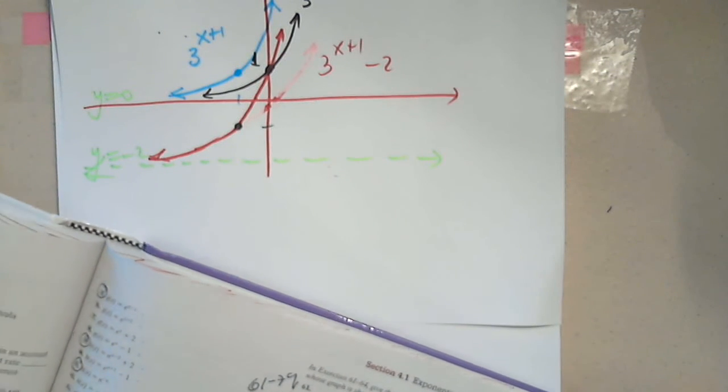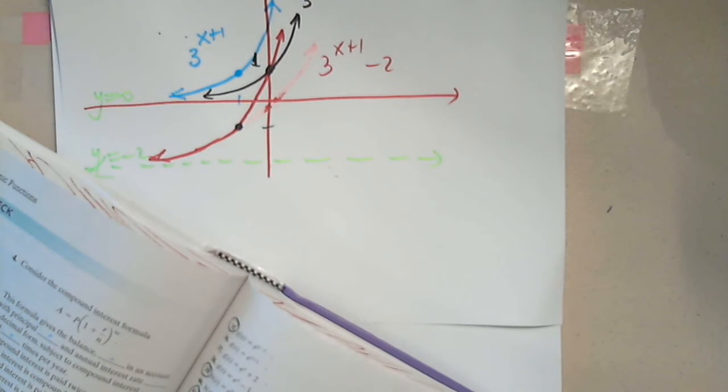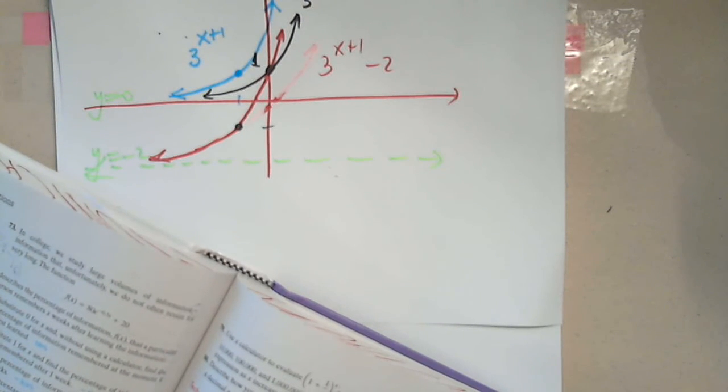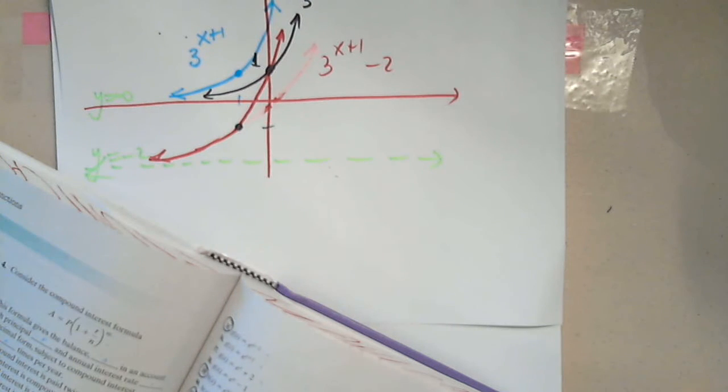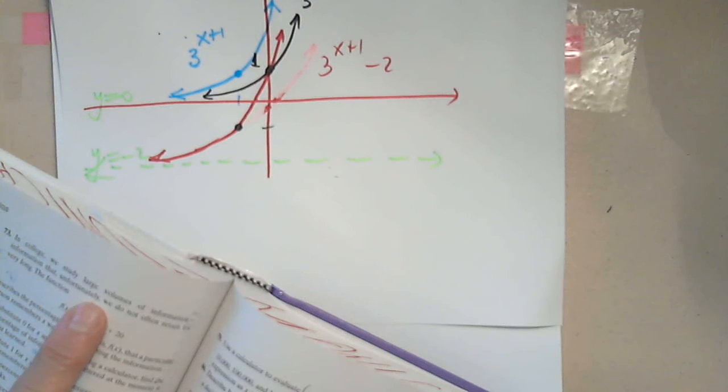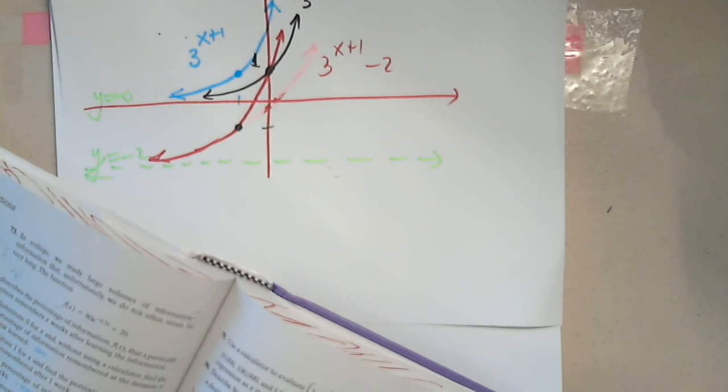Okay, are you interested in the population of India? Problem 65. Or are you interested in the explosion at the Chernobyl plant? Are you interested in how the information, yeah, this is an interesting problem. 73, let's start with 73.